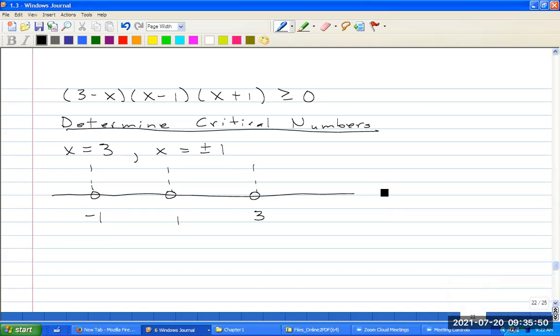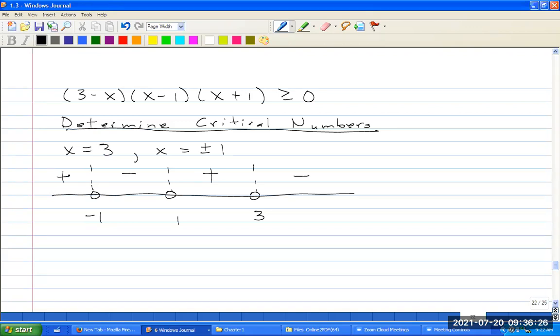Take a number greater than 3, 4: negative, positive, positive, negative. Take a number between 1 and 3, let's say 2: positive, positive, positive. Take a number between negative 1 and positive 1, let's say 0: positive, negative, positive, negative. Take a number less than negative 1, let's say negative 2: positive, negative, and negative is positive.